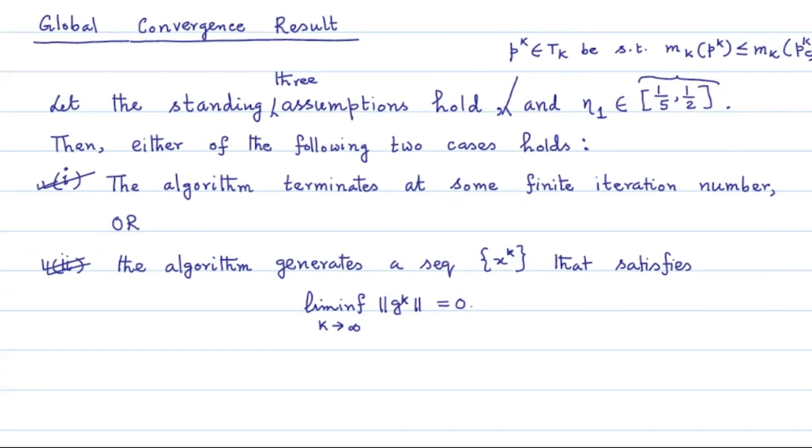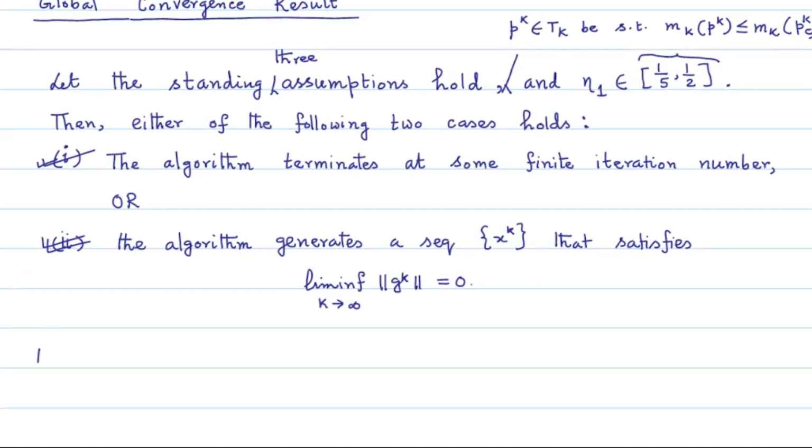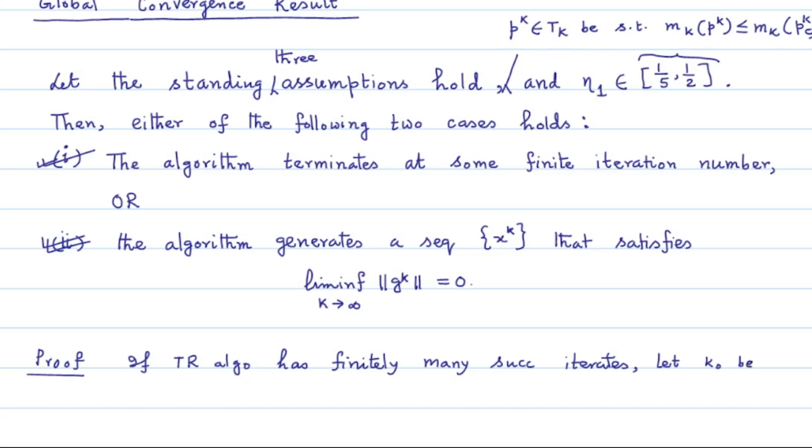successful iterates. For the first case, when the trust region algorithm has finitely many successful iterates, then in that case let us assume that k naught be the last successful iteration index.